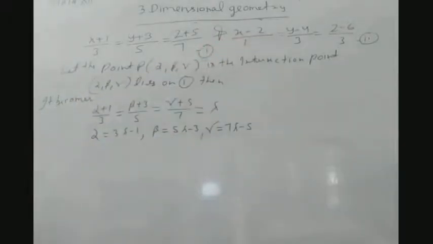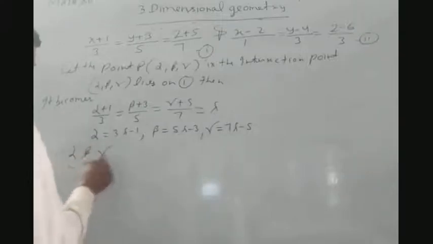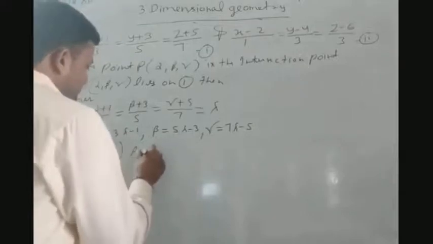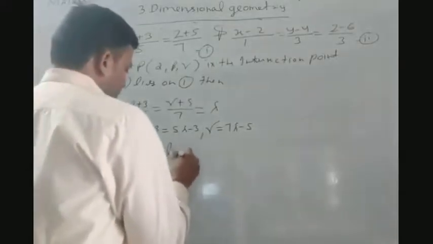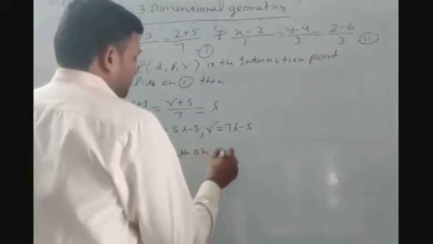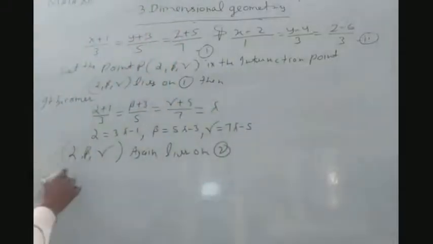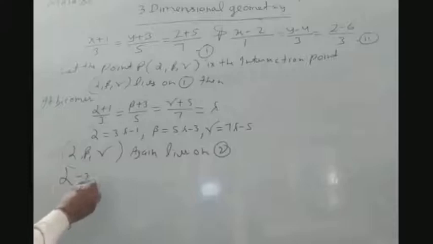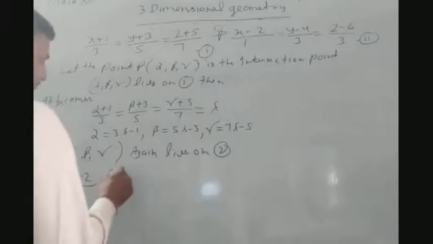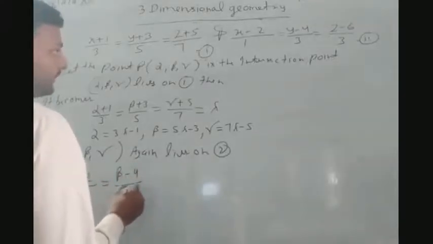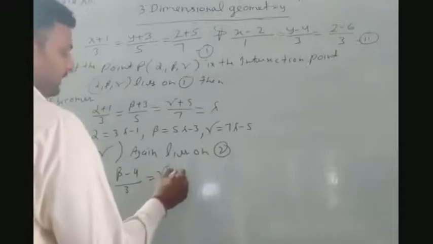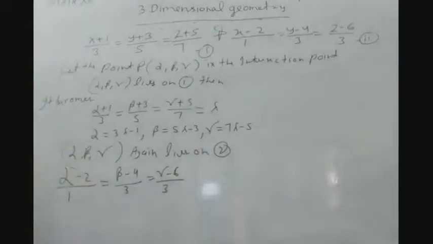So alpha, beta, gamma again lies on the second equation, and we write (alpha minus 2) by 1, (beta minus 4) by 3, (gamma minus 6) by 3.